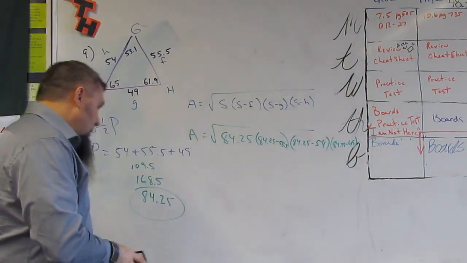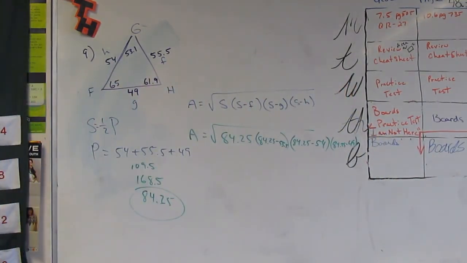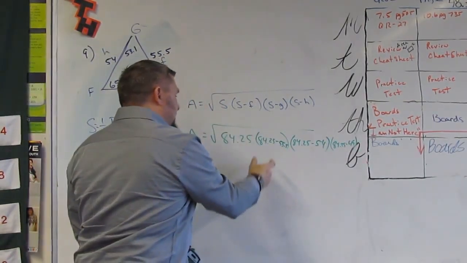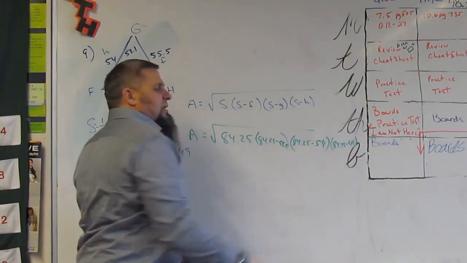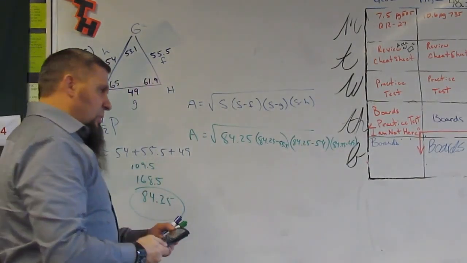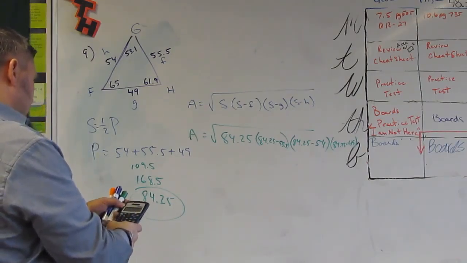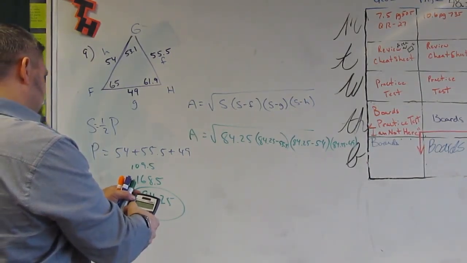And so then we just do the calculator work. Remember square root. And because these are all times, we just need the parentheses around the ones that are being minused.